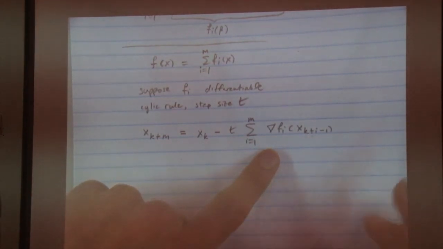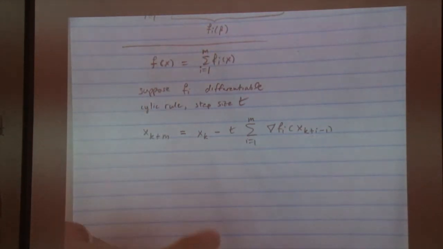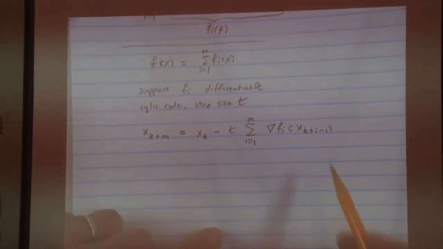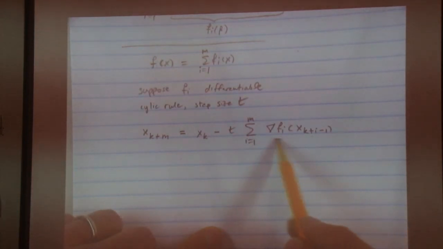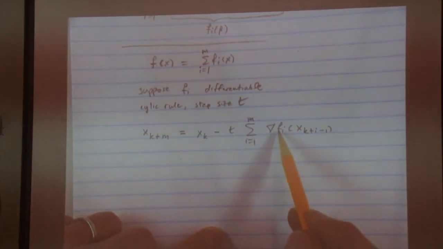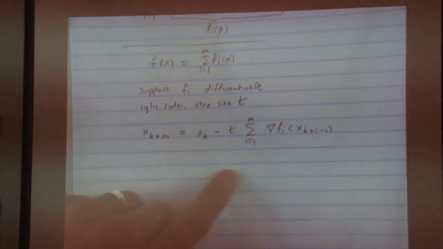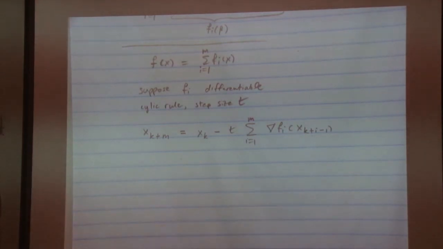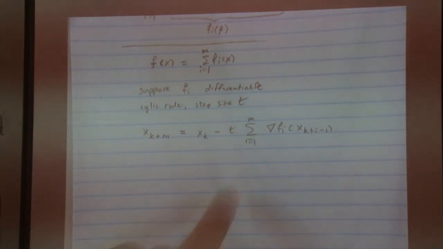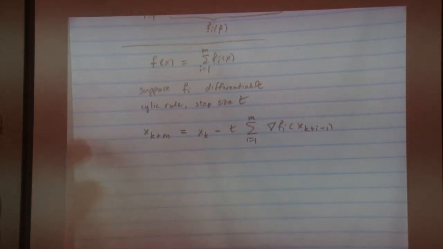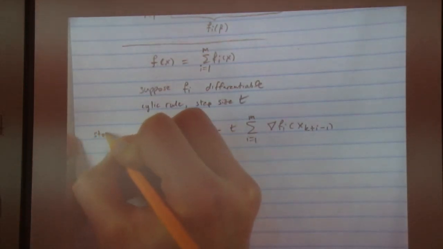The second step, we're going to go from there, and we're going to add along the gradient t times the gradient of f2, and then evaluate that at xk plus 1. That's the second term in this sum. So i equals 2. And then we're going to add the gradient along f3, and so forth. So after m steps, if we collect all of those updates in one equation, this is what it looks like. Okay? So this is the stochastic rule.